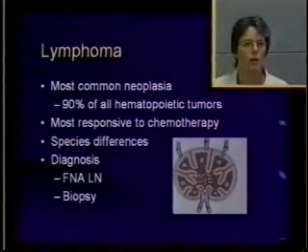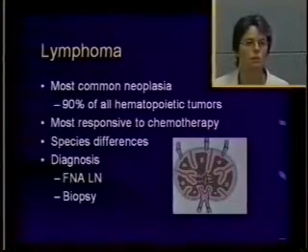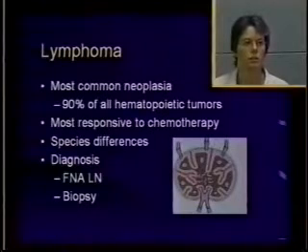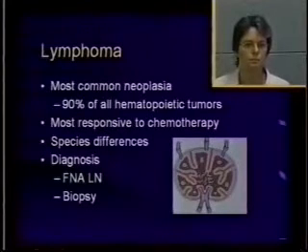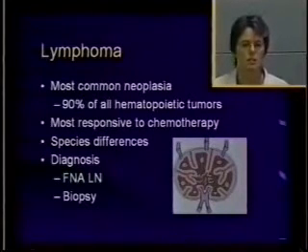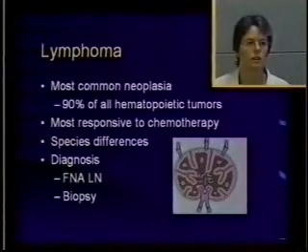Lymphoma is by far the most common neoplasia that we see in dogs and cats, and it takes care of 90% of all of the hematopoietic tumors that we see in both species. Of the cancers that we see, it is the most responsive to chemotherapy, but there are some species differences as far as its presentation and as far as our expectations.